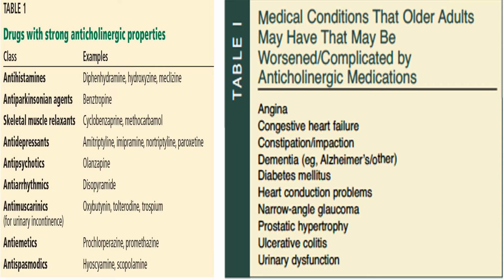So if you give an old person a lot of Benadryl or a lot of hydroxyzine, for allergies or for itching, they're going to get very, very tired and they can get very confused. So we're extremely careful with anticholinergics in old people.